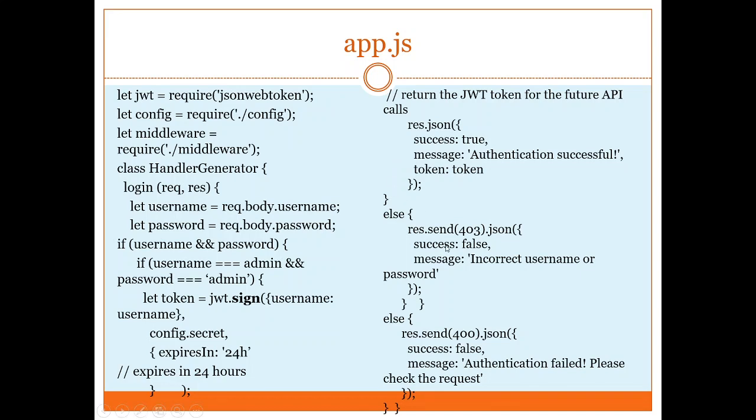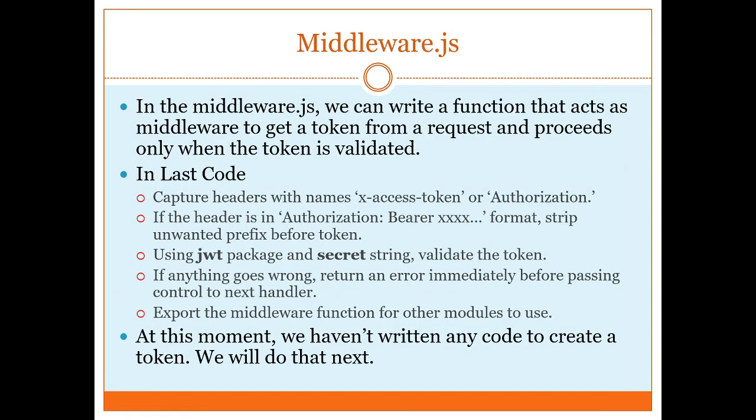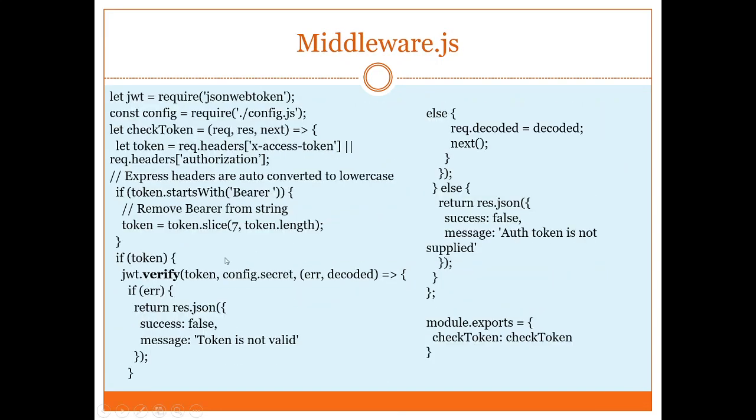Else, incorrect username and password, if the username and password are not correct. And the last else part is authorization failed, please check the request. Now we have seen two methods. One is the sign method in which we are generating the token, and we have seen a verify method in which we are verifying the token.